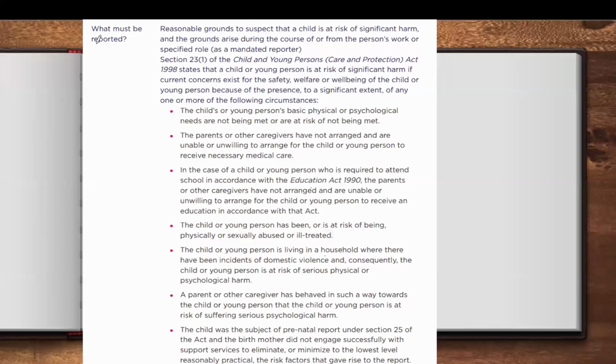This is from the New South Wales guidelines. What must be reported? You can see here the child or young person is living in a household where there have been incidents of domestic violence, and consequently the child or young person is at risk of serious physical or psychological harm.